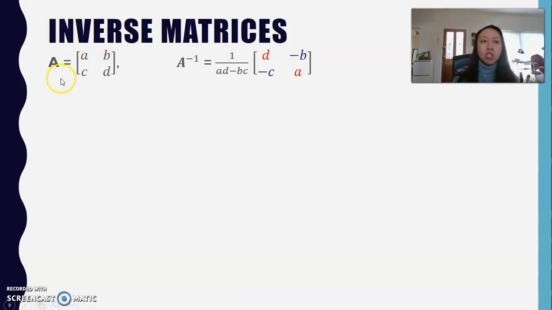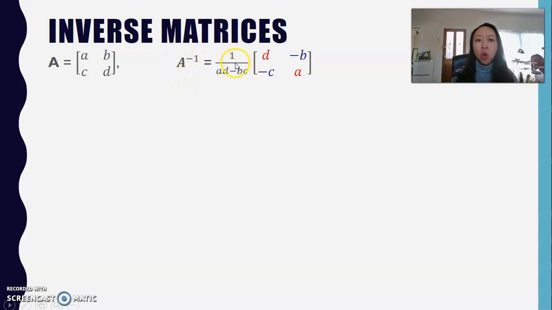Yeah. So if a matrix A has an element of A, B, C, D. Yeah. So we will always take the element of row 1, column 1 as A, row 1, column 2 as B, and the rest as C and D. Yeah. To get the inverse matrix, we have to actually put a negative 1 in front of the A. So that means that this is the inverse of matrix A. Yeah.